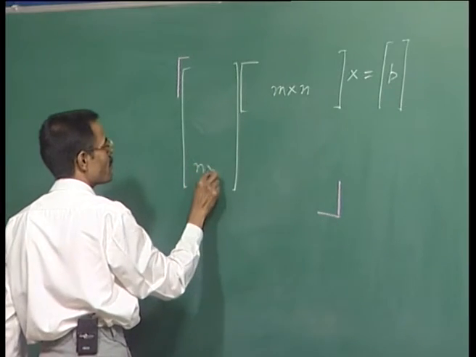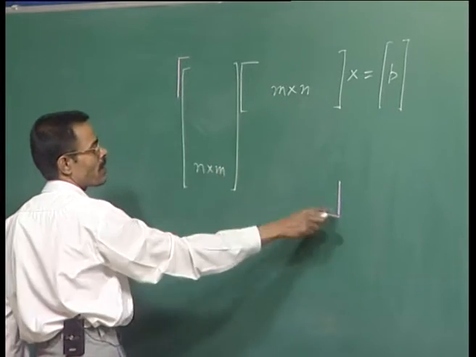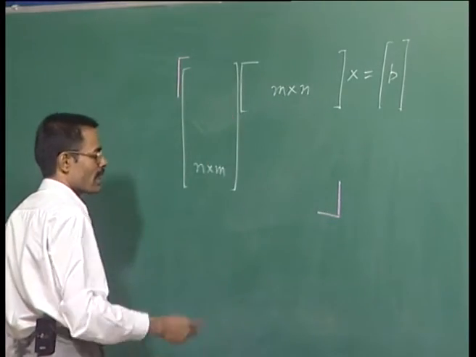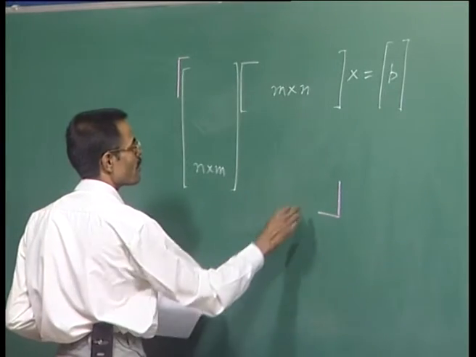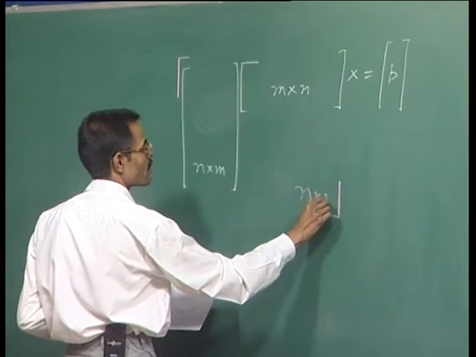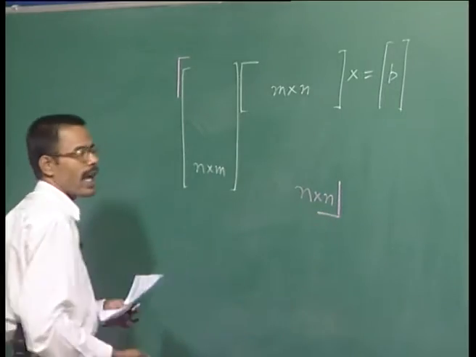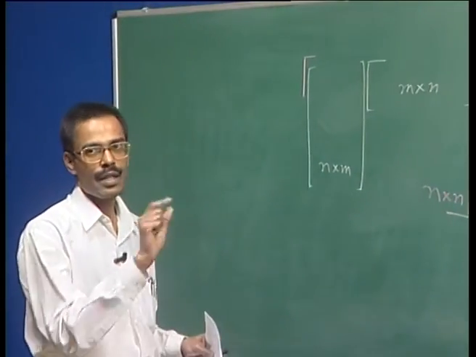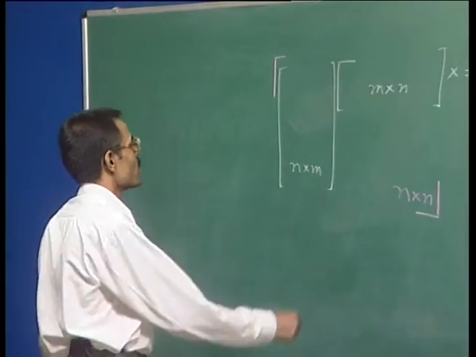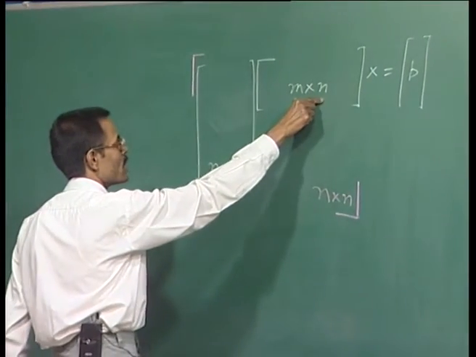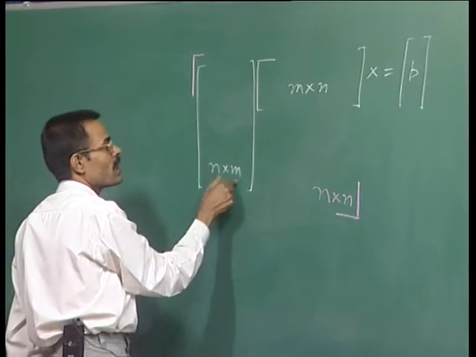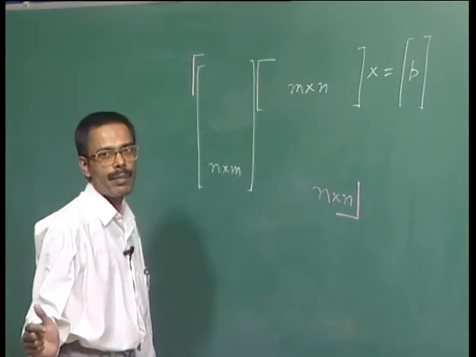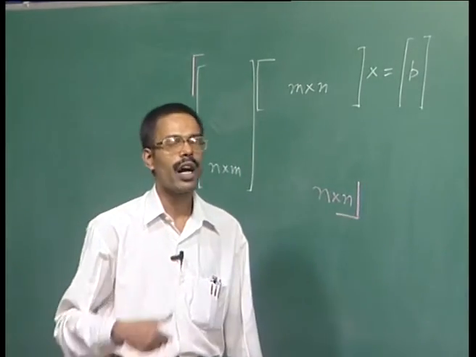This is n by m, and the resulting matrix A transpose A that you will get will be n by n, which is large, and this matrix is sure to be singular, because this matrix of rank m and this matrix of rank m in product will never give you a matrix which is of rank higher than m.